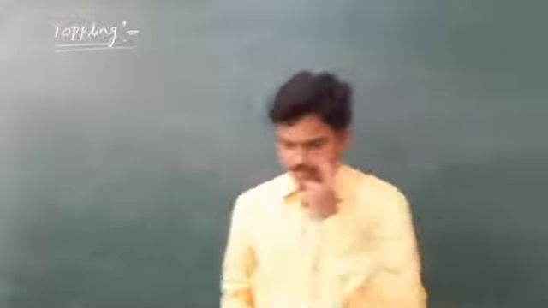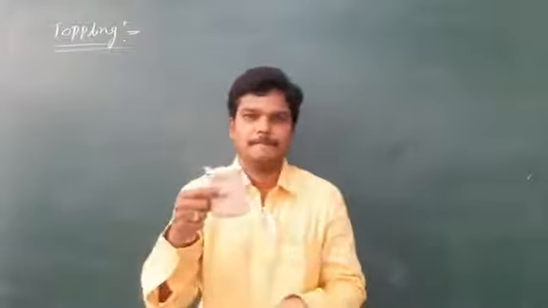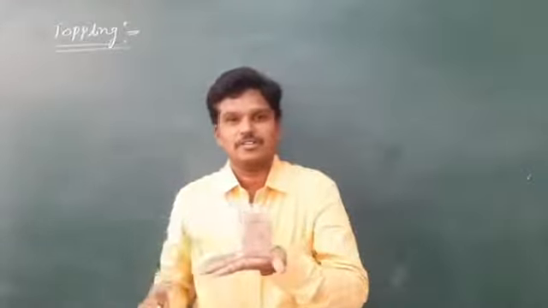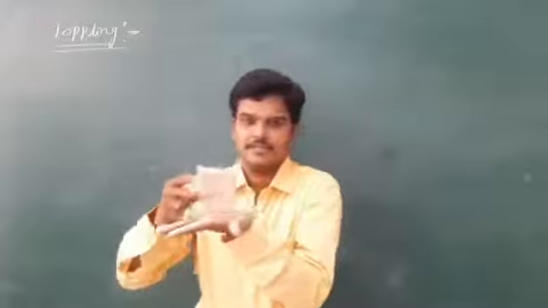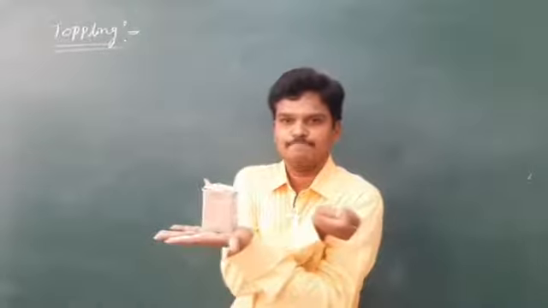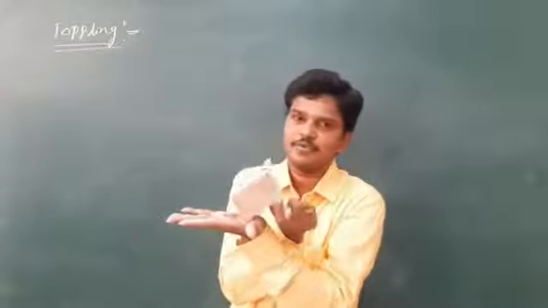Now see, suppose this is the body which is placed on a horizontal surface. Now see the base. This is the base. If I apply a force here, if I pull this body, then this body may topple like this about this point.